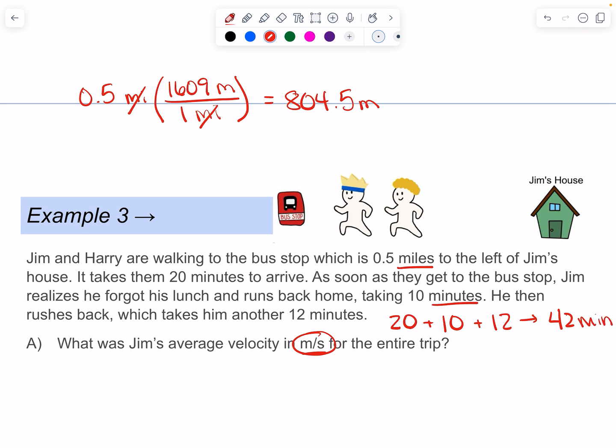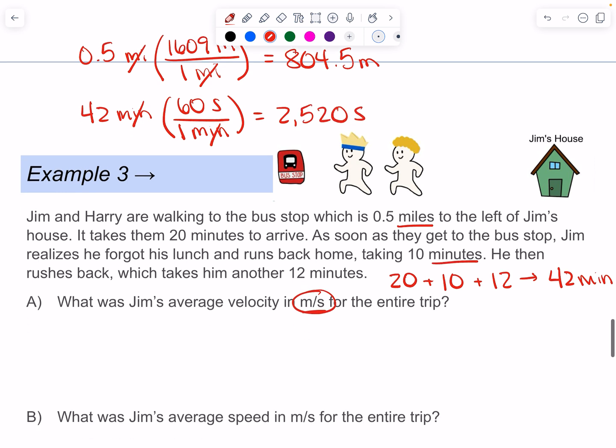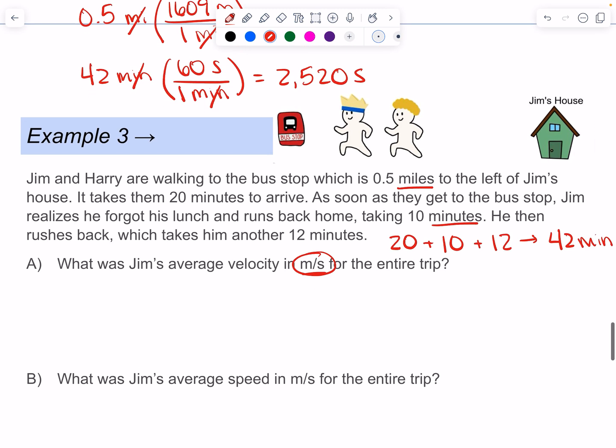So let's get 42 minutes into seconds, because that's the unit I'm going to need my velocity in. So 42 minutes, and I know that there are 60 seconds in 1 minute. So minutes will cancel, and I will get a final time in seconds of 2,520 seconds. So those values are going to be helpful when I start doing my calculations.